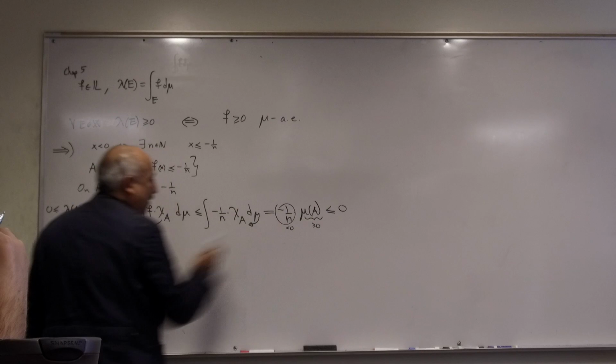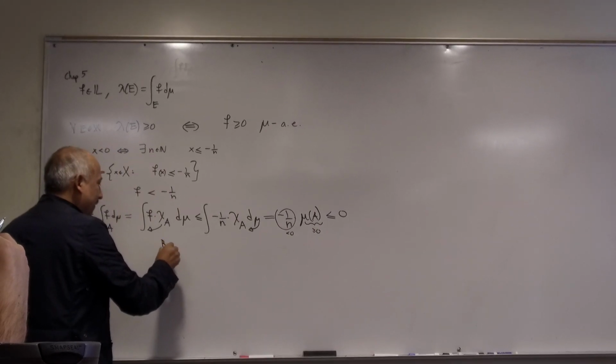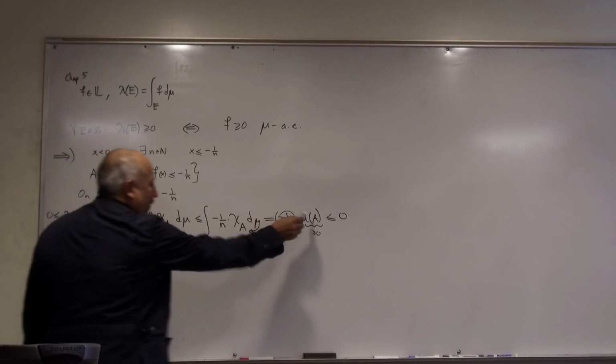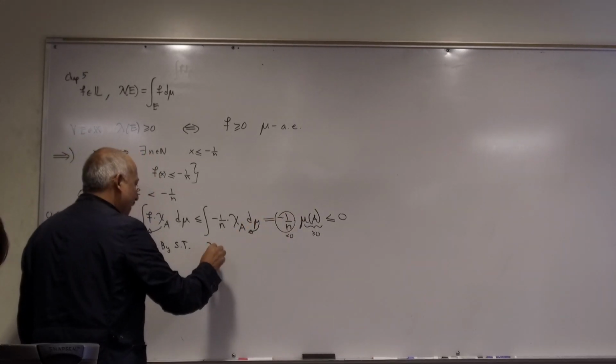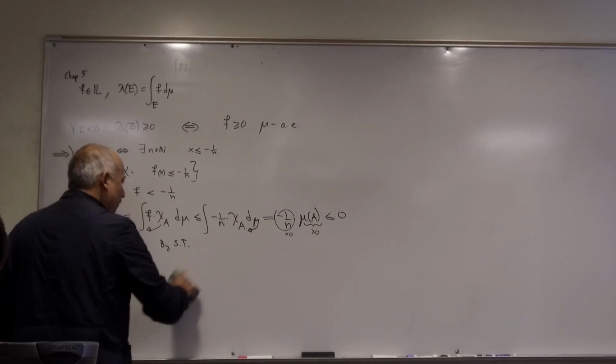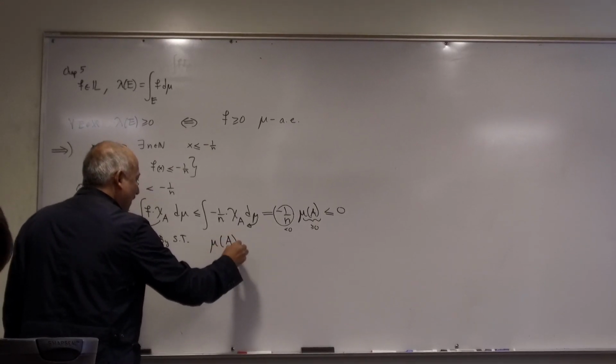In particular, this is 0, and since -1 over n is not 0, the measure of A has to be 0.